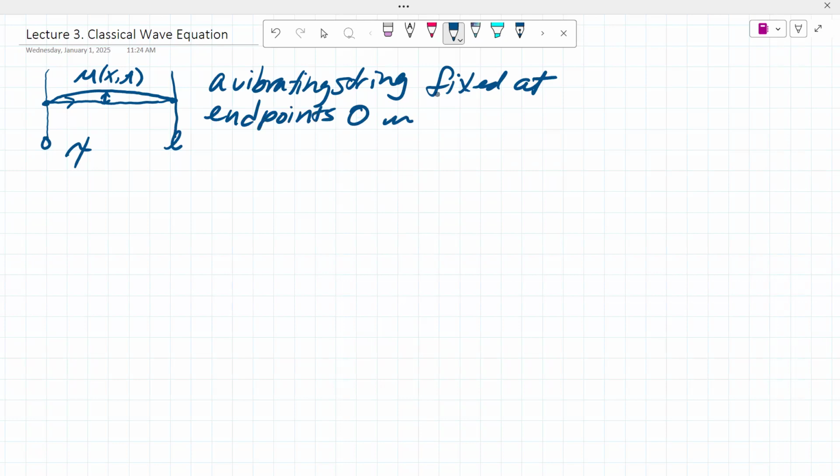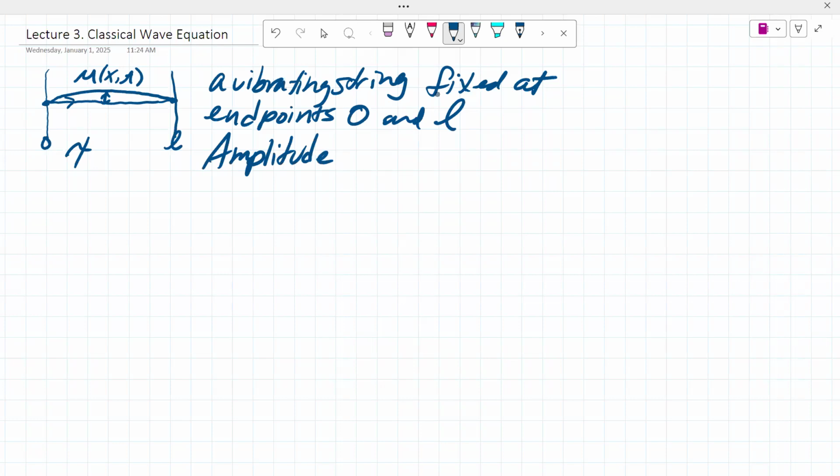Zero and L. So what this means is that on the x-axis, the string is bound at the origin, and then it goes up to some length L, which represents the length of the string, and then we have an amplitude.